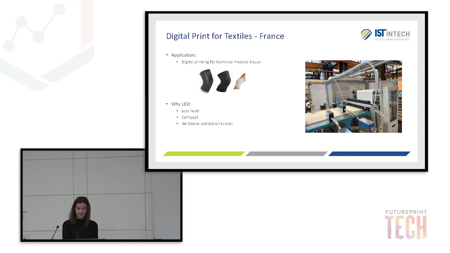But it was mainly because LED lamps produce less heat, which in turn allowed the customer to have a more flexible material, and it meant that they could get a better cure. This customer was also pleased with how compact the LED lamp system was, particularly because it meant there's no harmful ozone and that they didn't need any extraction tunnels going through their factories for this.